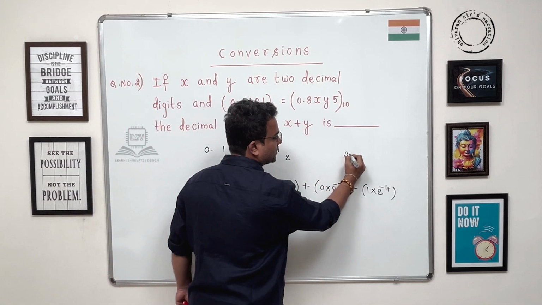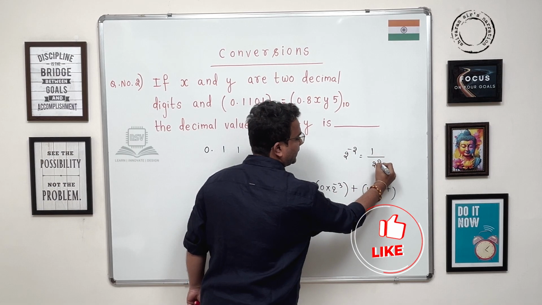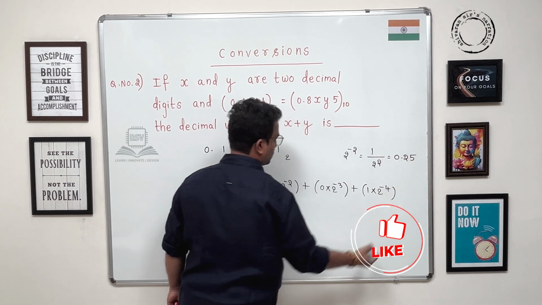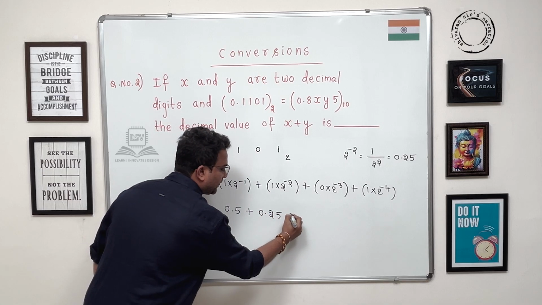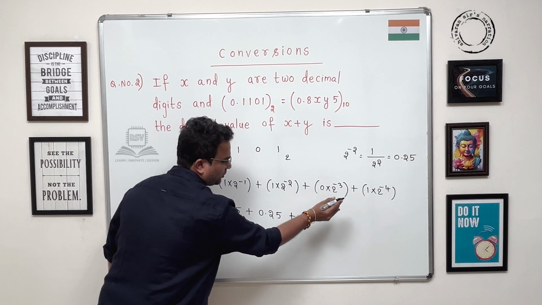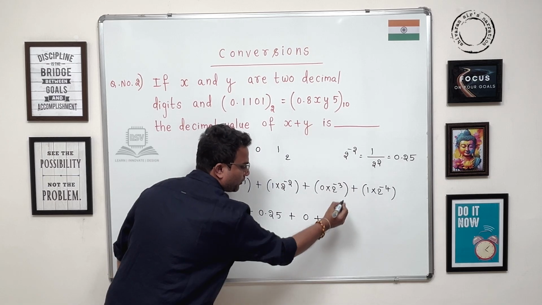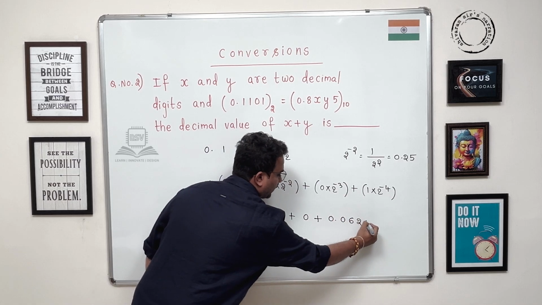Plus 1 into 2 power minus 2. Guys, 2 power minus 2 can be written as 1 by 2 power 2. That is 1 by 4, which is 0.25. So 0.25 into 1, 0.25. Similarly, here it is 0 into anything is 0, plus again 1 into 2 power minus 4, it is 0.0625.